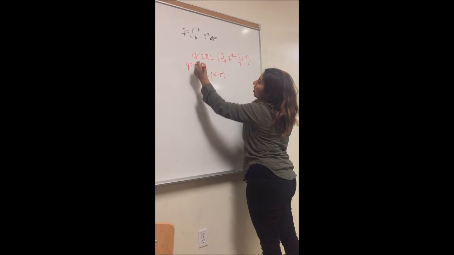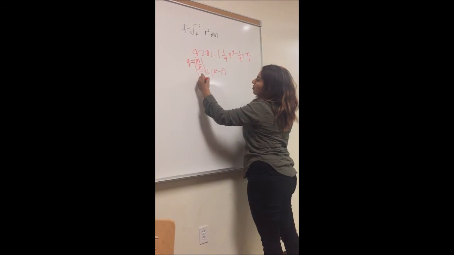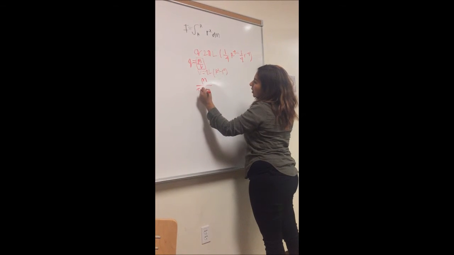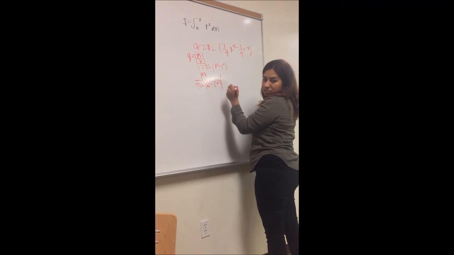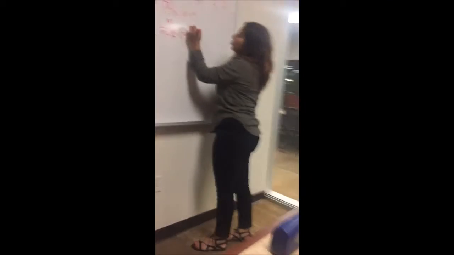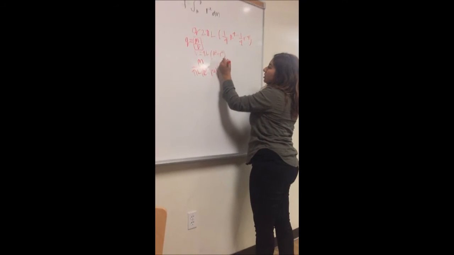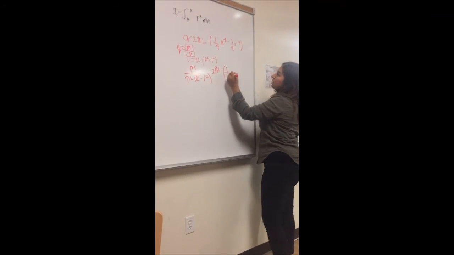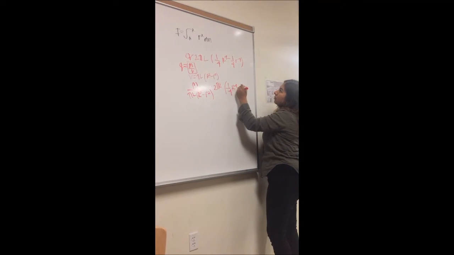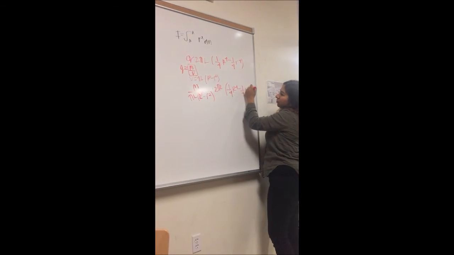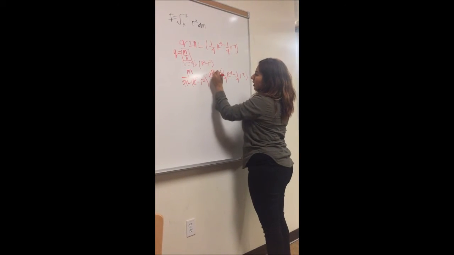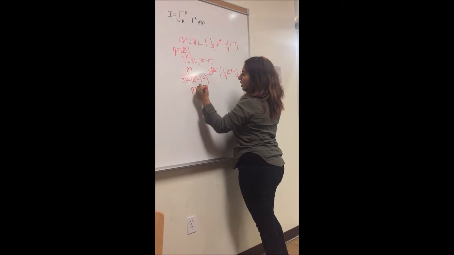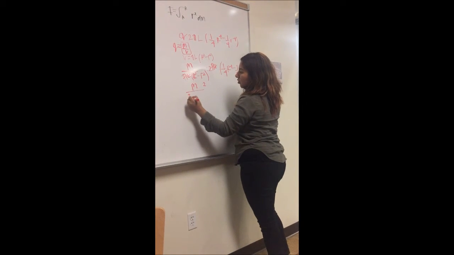So when we do that, our mass will be over pi L times big R squared minus little r squared, and this will be next to the 2 pi L. The pi and the L would cancel. So you'll be left with m multiplied by 2 over big R squared minus little r squared.